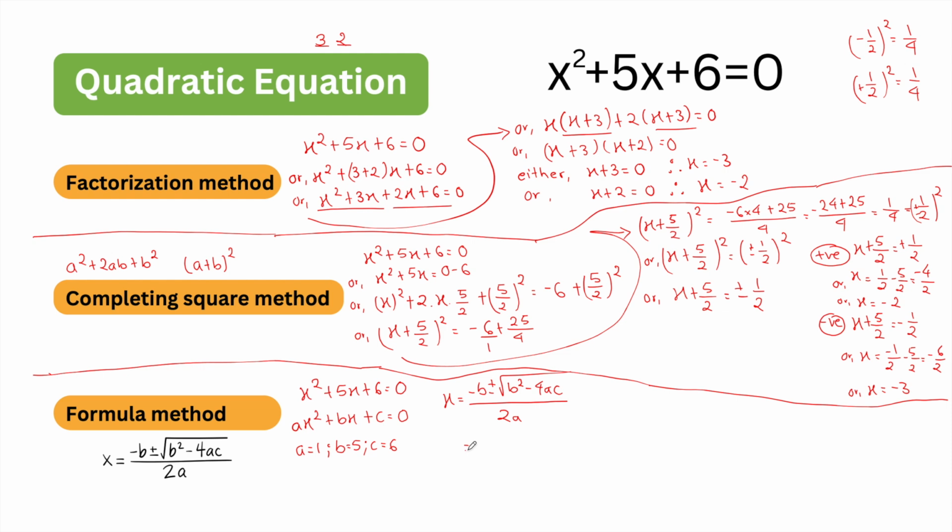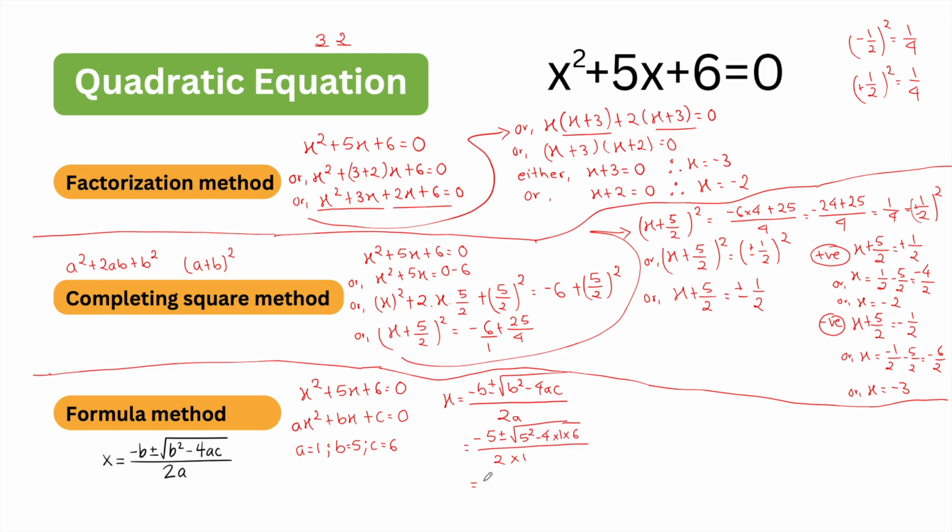Okay, so we have minus b as 5, plus minus, b square as 5 square minus 4 times a as 1 and c as 6, upon 2 and a as 1.